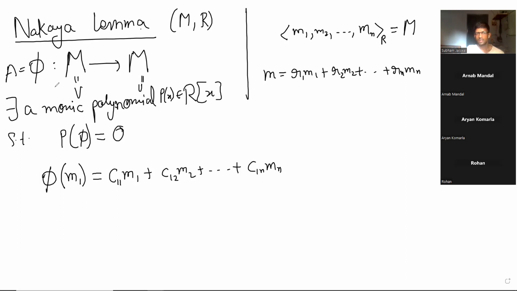Each generator is again in M, so it's a linear combination. The p_ij are obviously in R. R is commutative. In fact, Hamilton first proved it, I think, for a non-commutative ring, some quaternion ring. I have not read that old paper. It will be easy to read now at this point. More than a century.